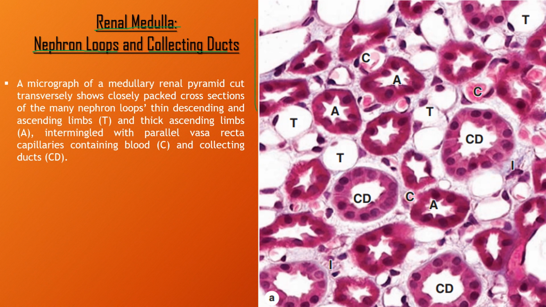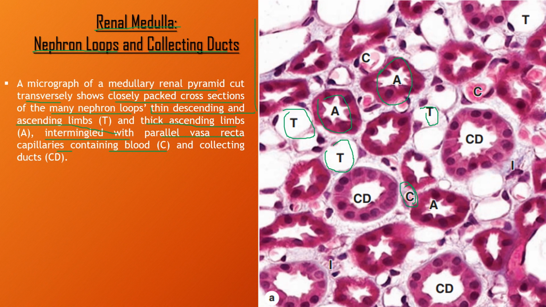It is a micrograph of a medullary renal pyramid cut transversely, which shows closely packed cross sections of the many nephron loops, such as thin descending and ascending limbs, as you can see here, and thick ascending limbs, which are intermingled with parallel vasa recta capillaries containing blood.